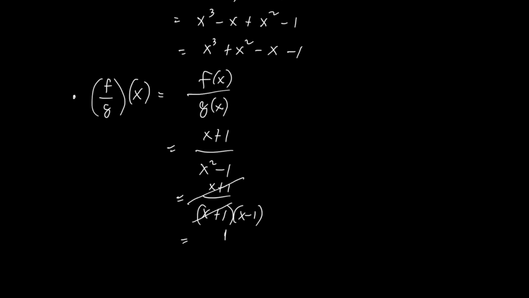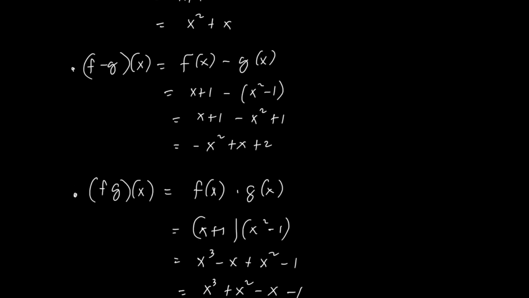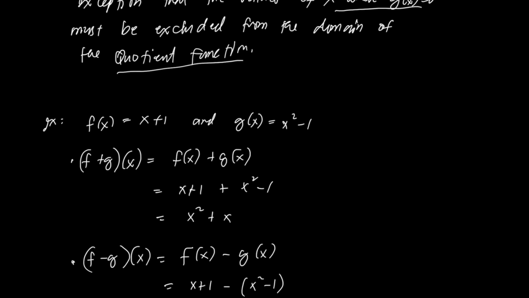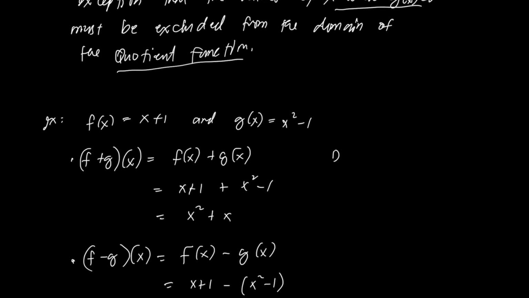So you can cancel out the x plus 1. So that means 1 over x minus 1. But we have a restriction that x minus 1 is not equal to 0, or x must not be equal to 1.